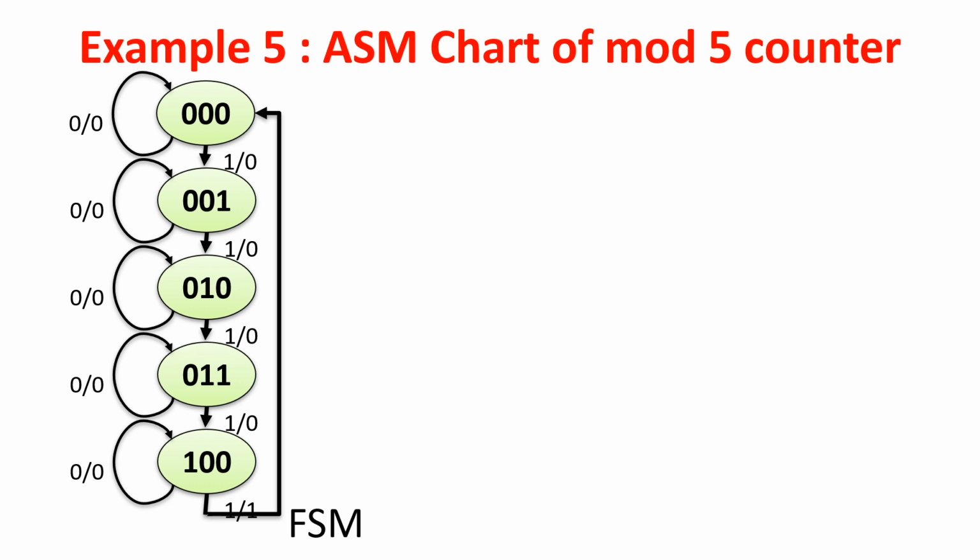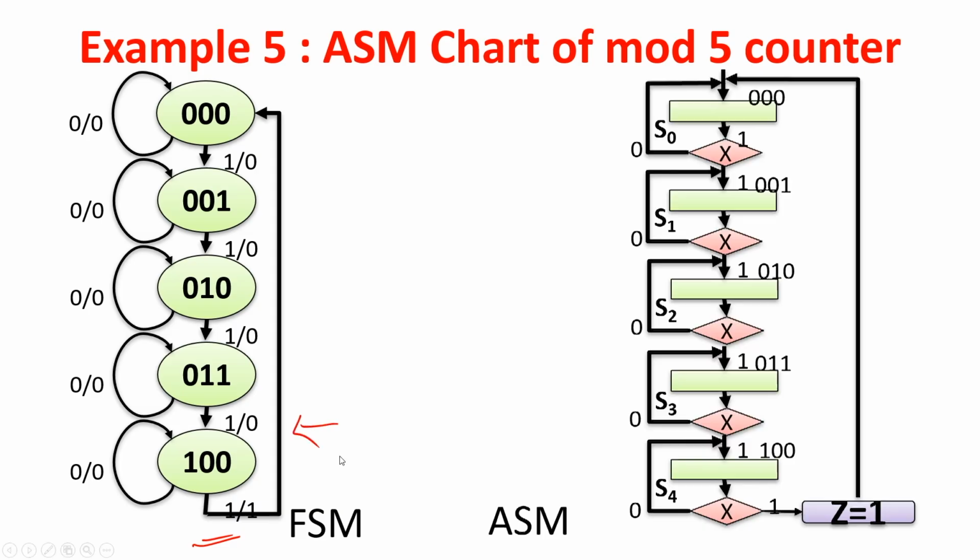This is the ASM chart for a mod 5 counter. The left side is FSM 1 and the corresponding ASM chart. In this case this is also 5 states and this is also 5 states, and we are putting decisions based on the input, either it goes to the next state or it stays in the same state.